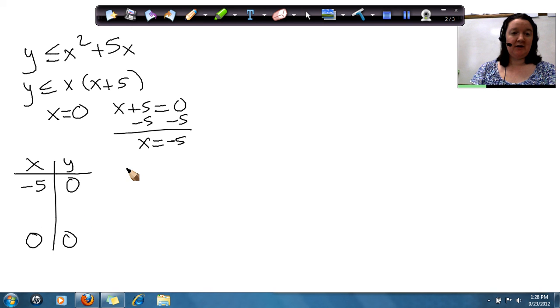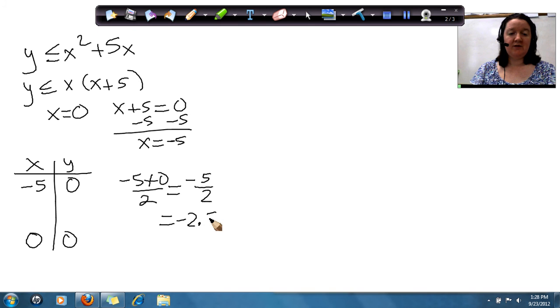So now we need to find our vertex point by adding our two roots together and dividing by 2. That's going to give us negative 5 over 2, otherwise known as negative 2.5. So now let's plug that value back into our original equation to figure out what value we get.